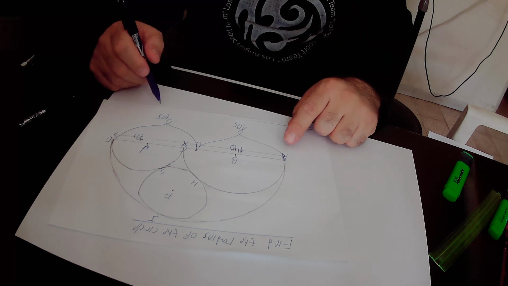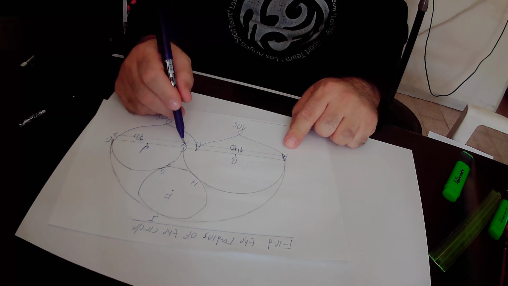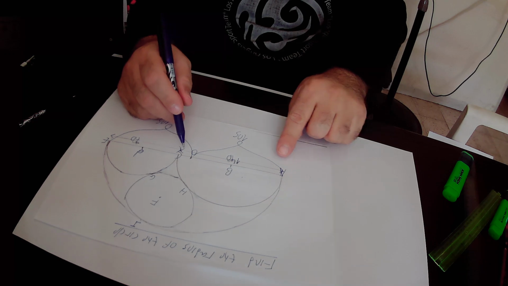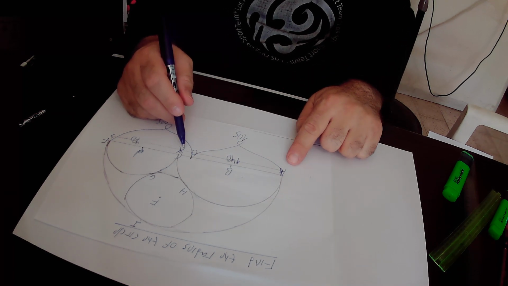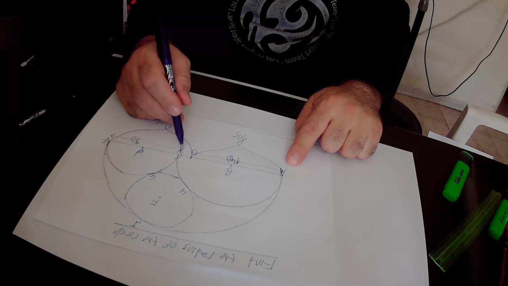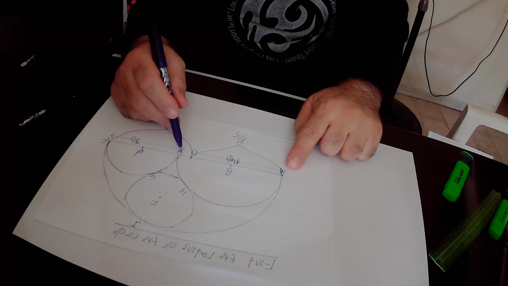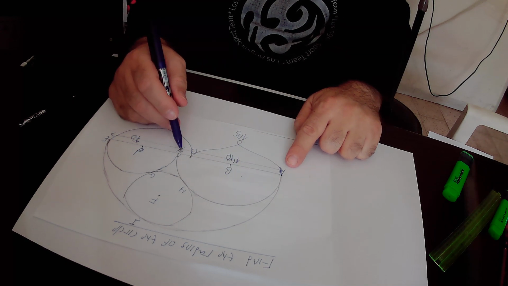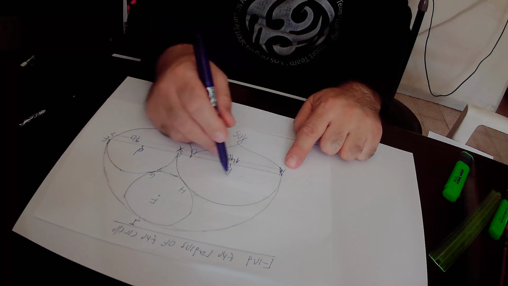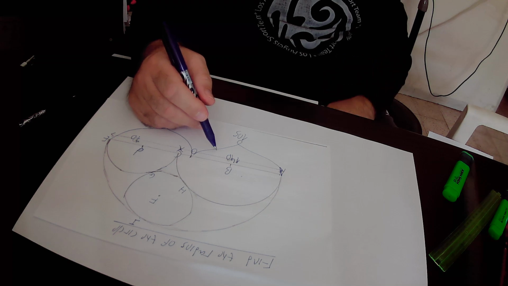It is given in the question that line segment AC equals 140 units. But what is line segment AC? Line segment AC is the diameter of this semicircle. Because the diameter of this semicircle equals 140 units, the radius must be equal to half of it.